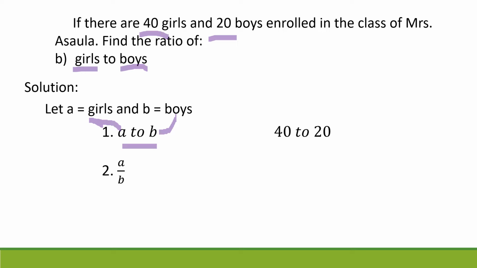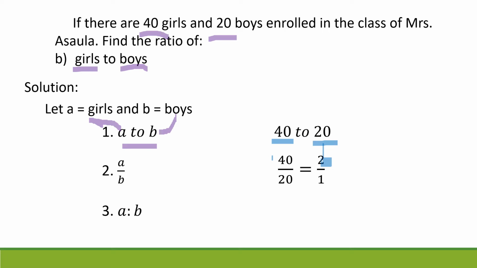For number 2, we have A over B. Ang A natin ay 40. Ang B naman natin ay 20. So, meron tayong 40 over 20. Isi-simplify lamang natin. 40 over 20, that is 2 over 1.